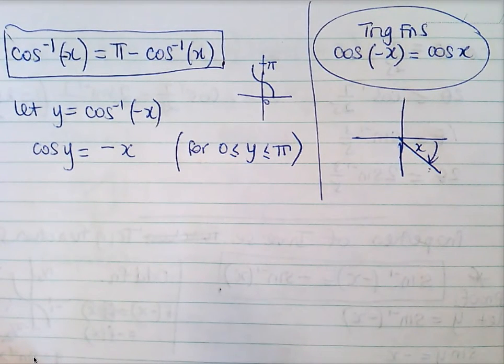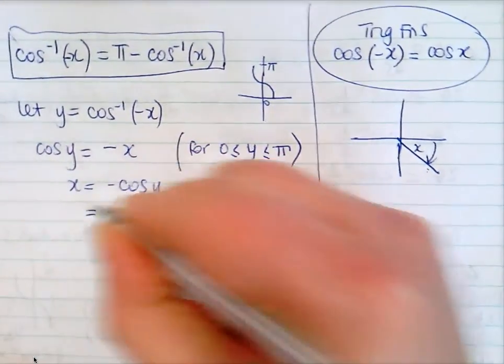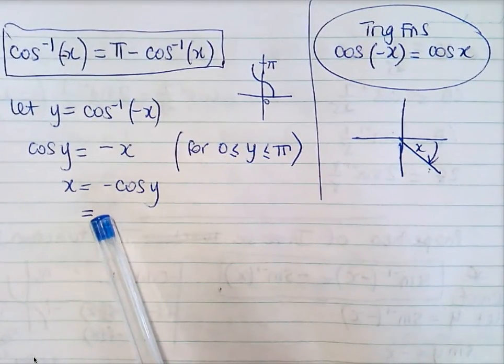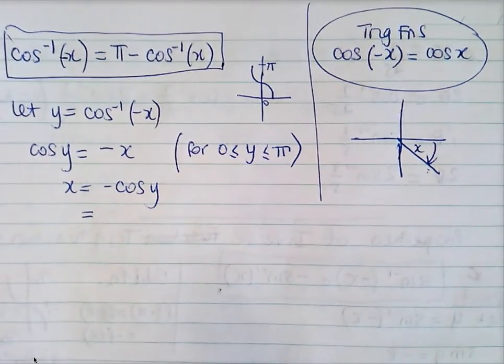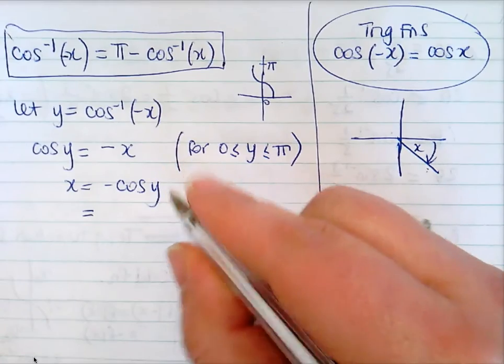What did we do before? x is negative cos y. That is not quadrant 4. It's 2 or 3, and we always go with the smallest, which is 2.